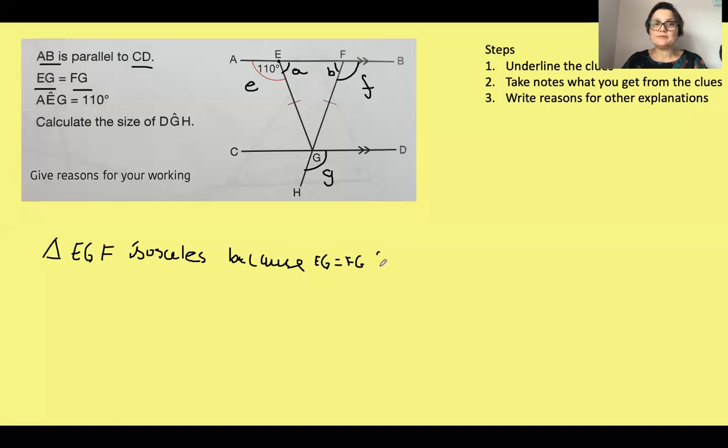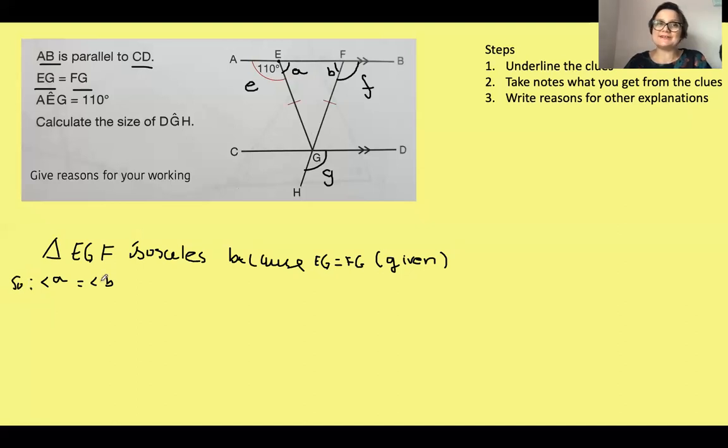Right, in brackets, given in the problem. You tell your teacher, whoever marks your work, that it is given in the problem, so they understand what the problem says. So that means angle A, putting the angle sign is very important, equals angle B. Put a "so" in front. So angle A equals angle B.